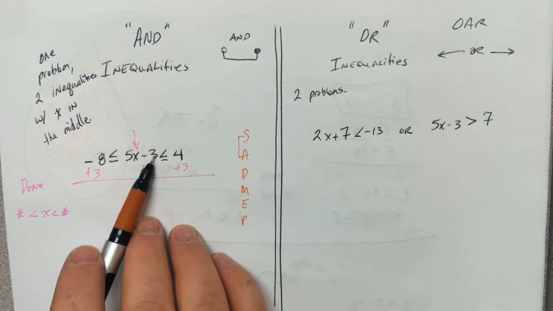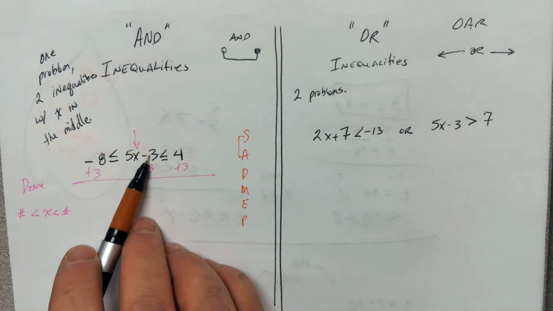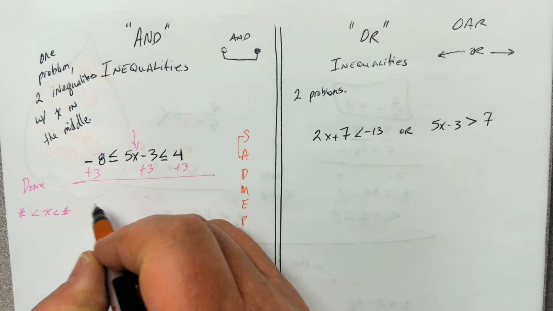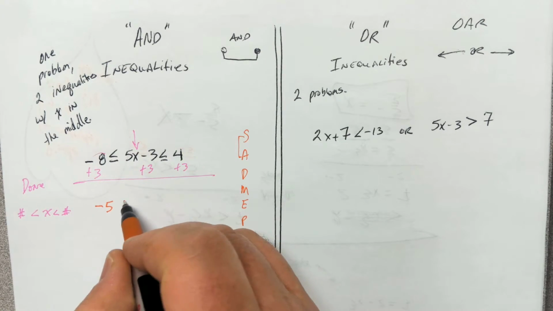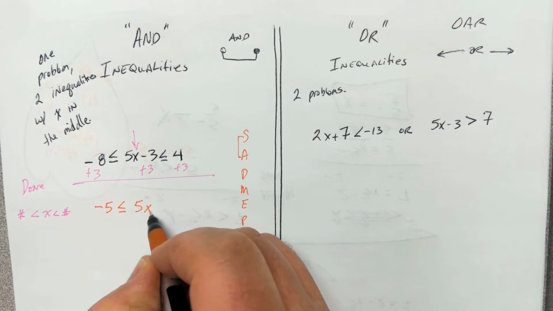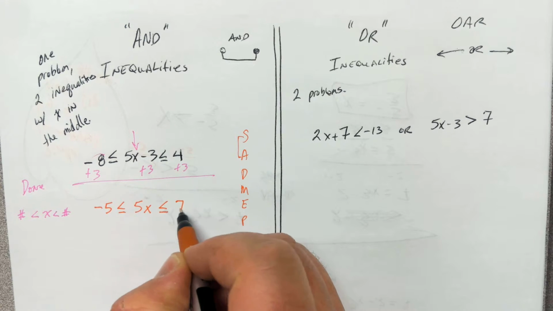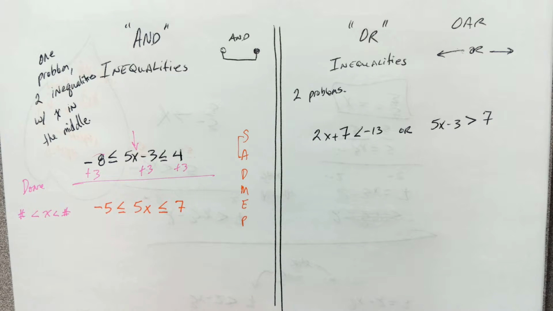So we have to add 3 to that to make that 0. And so then you're left with negative 5 less than or equal to 5x less than or equal to 7. These almost always have fractions as your answer too. Do you understand why we added 3 first?